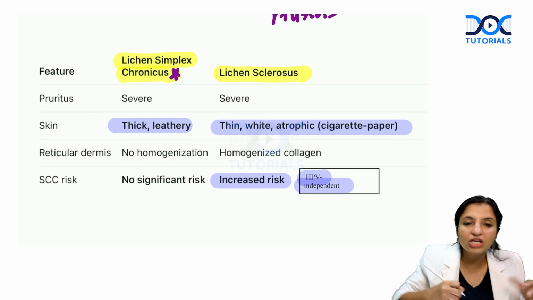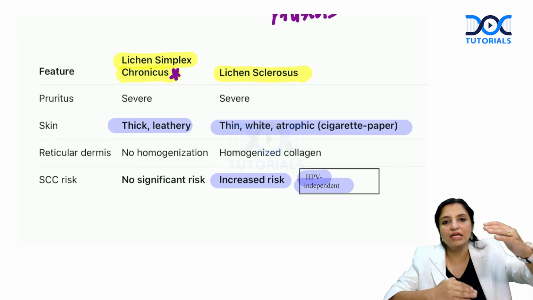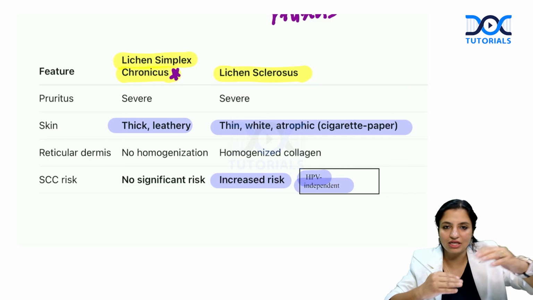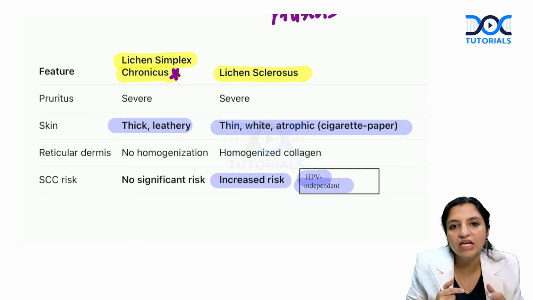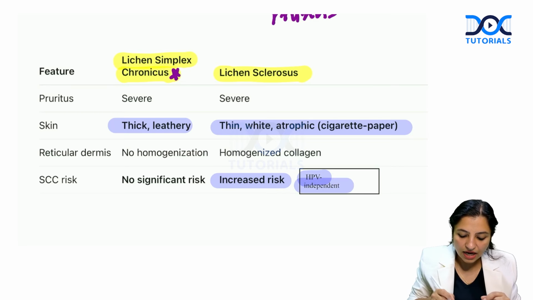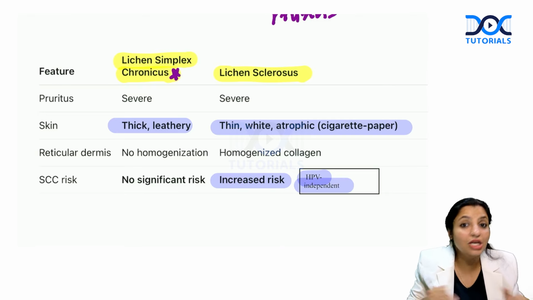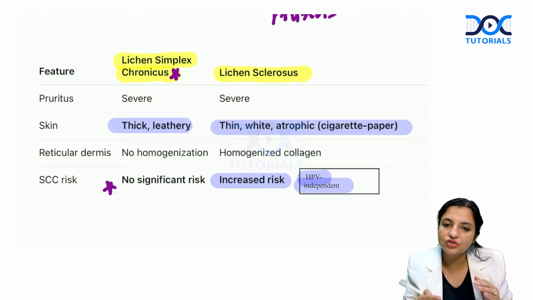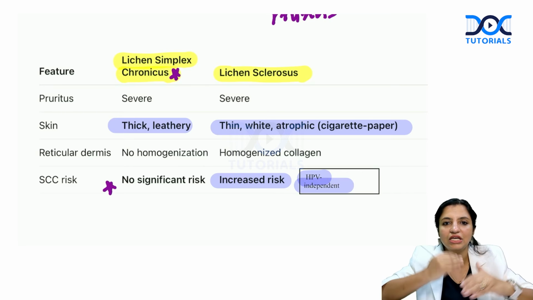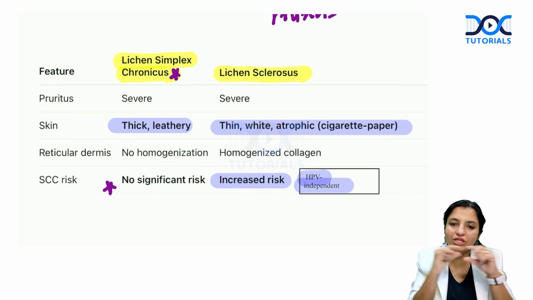It has become chronic because there is a cycle of itching, healing, itching, healing. So there is acanthosis; the epithelium gets thickened. That's very typical here. Of course, there's no homogenization of collagen, and it has no malignancy risk. So it's just a chronic lesion because of itching and healing, with overall thickened epithelium.